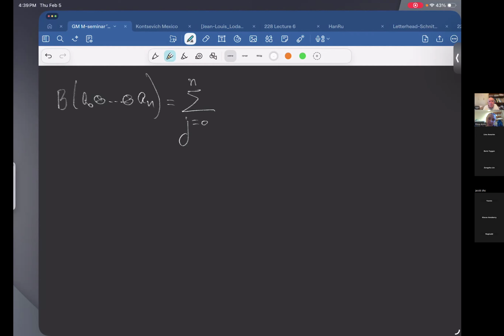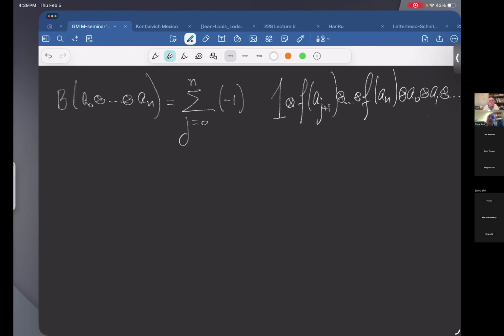Yes, there are n plus 1 cyclic permutations. So that's what you do when f is identity. For non-identity f, you do the same thing, right? I do absolutely the same thing. The only difference is that it's up to f. Yeah, thank you.